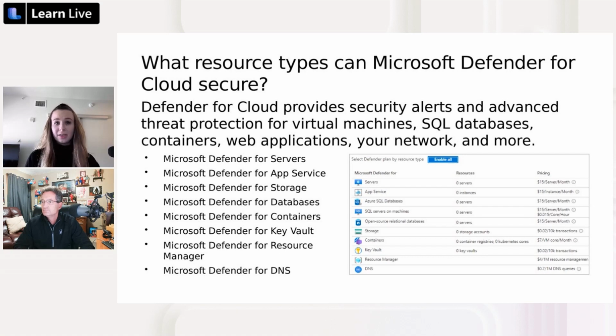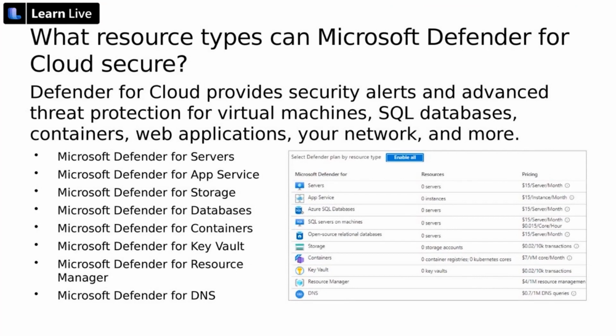Defender for containers is going to be for your container registries and your managed Kubernetes services, whether that is Amazon Elastic Kubernetes Service, Azure Kubernetes Service, or Google Kubernetes Engine. Those can all be protected through Defender for containers. And then the last three we see here, Key Vault, Resource Manager, and DNS, are our service layer protection offerings.